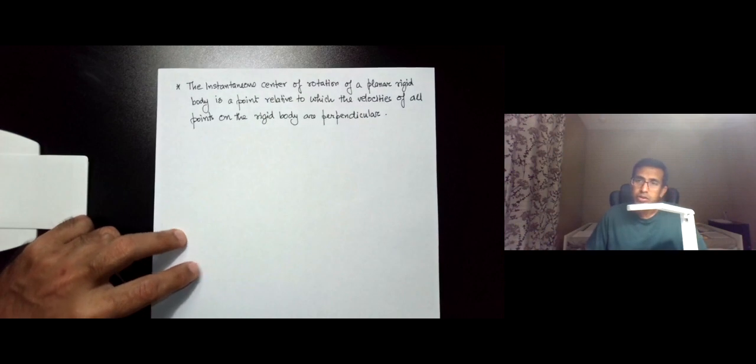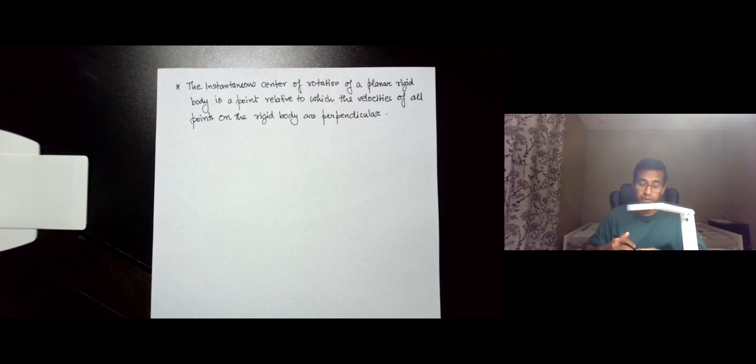We will illustrate this as we go forward, but essentially what we are saying is that with respect to the instantaneous center, every point on a planar rigid body undergoing pure rotation, since the instantaneous center is by definition the point about which the rigid body is undergoing pure rotation, has a velocity perpendicular to the line joining the instantaneous center to that point.